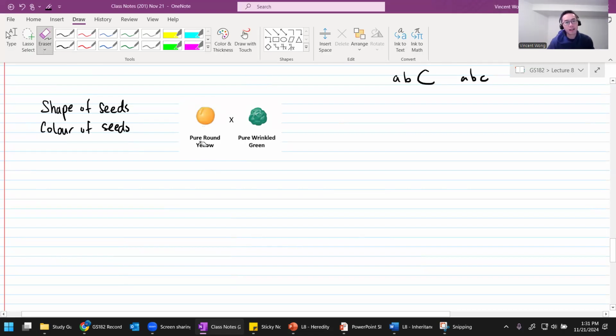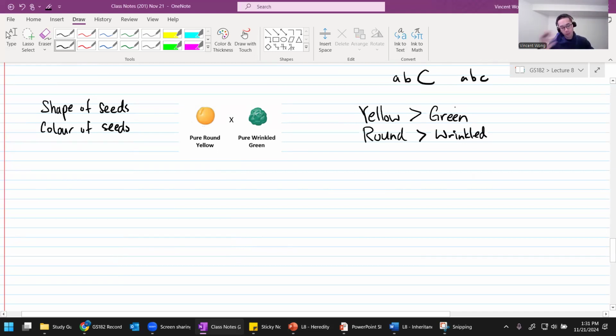And here we have a pure round yellow and a pure wrinkled green. And I am just going to tell you that yellow is dominant over green and round is dominant over wrinkled. We'll see how this works first, and then I'm going to explain to you how Mendel knew about these rules from his experiment.